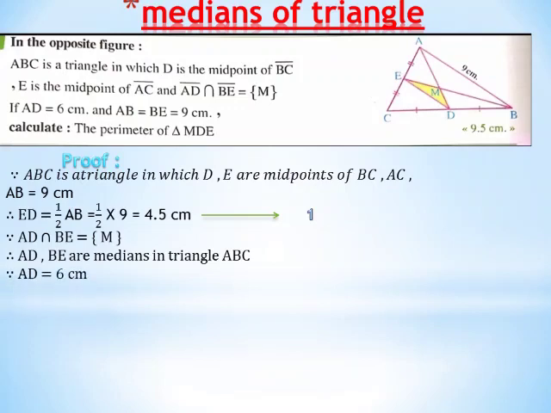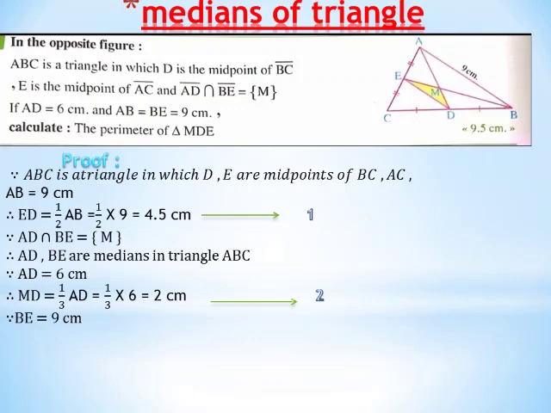The median AD equals 6 cm. If I want MD, the small part of the median, we take a third of the whole median. So MD equals a third of 6, which equals 2 cm. This is number 2. And the whole median BE equals 9.